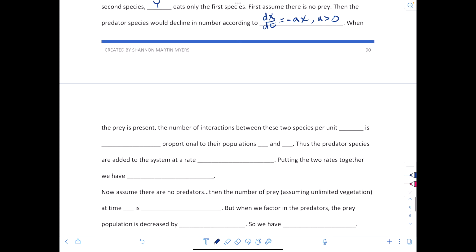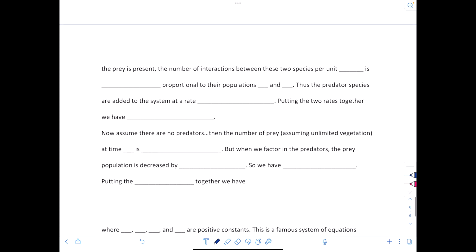When the prey is present, the number of interactions between these two species per unit time is jointly proportional to their populations x at t and y at t.